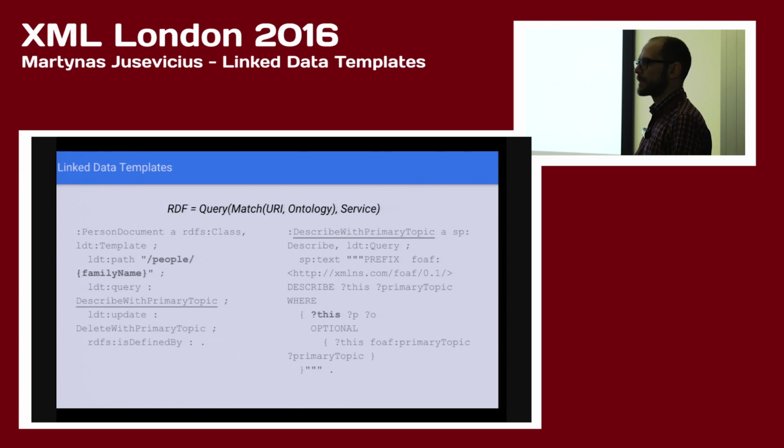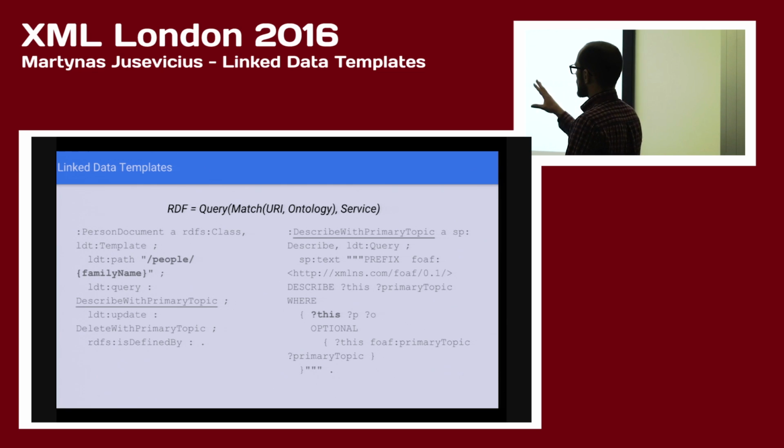So a linked data template has two main components. It can have many optional properties not shown here, but the two main components are the URI template and then the query, or the query template. So the template is on the left and the query is here on the right.